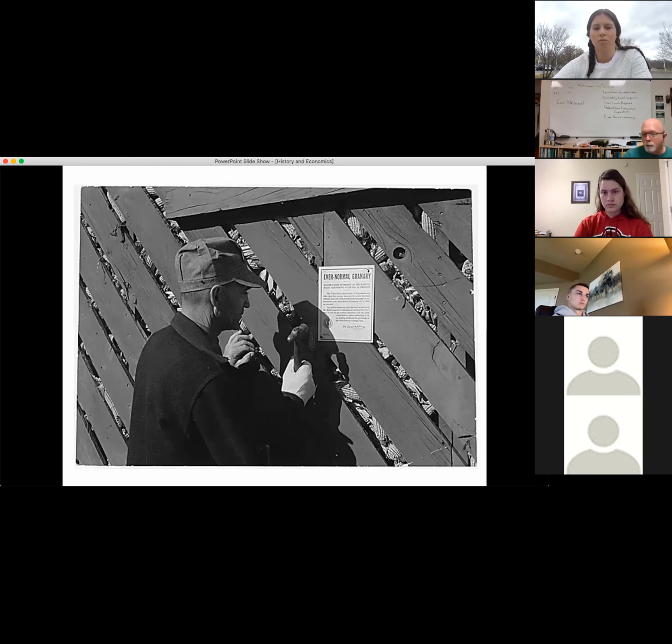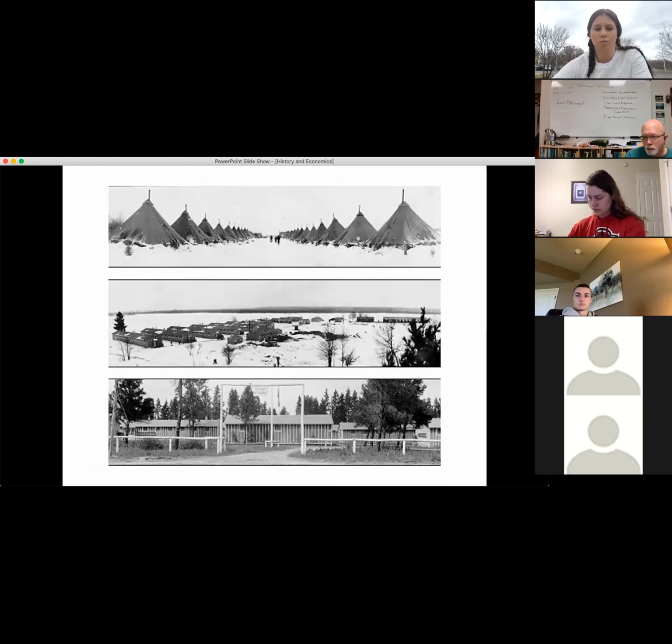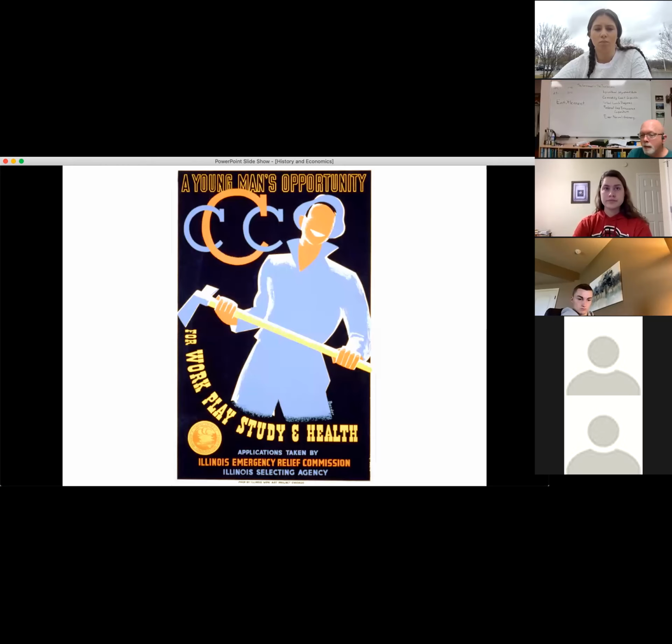So all these programs were present during what came to be known as the New Deal, Depression era responses to a faltering economy. These are pictures of Civilian Conservation Corps camps around the United States during this time period. This is a poster that is advertising opportunities with the Civilian Conservation Corps.